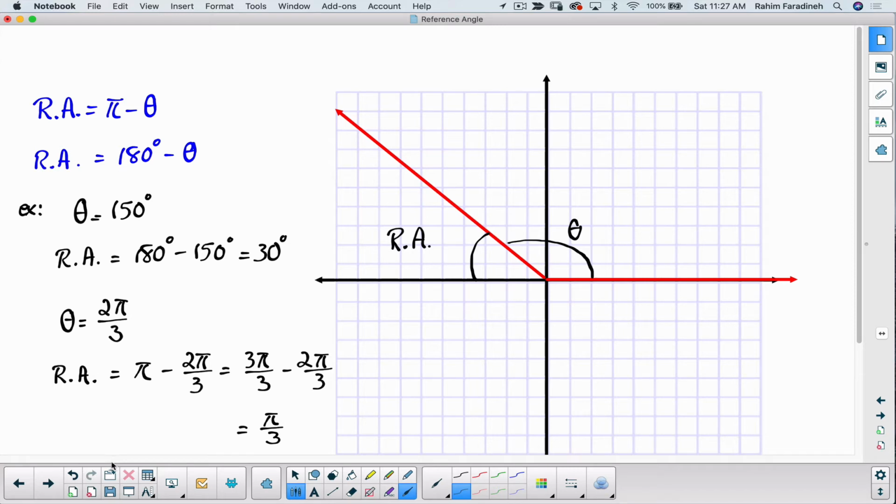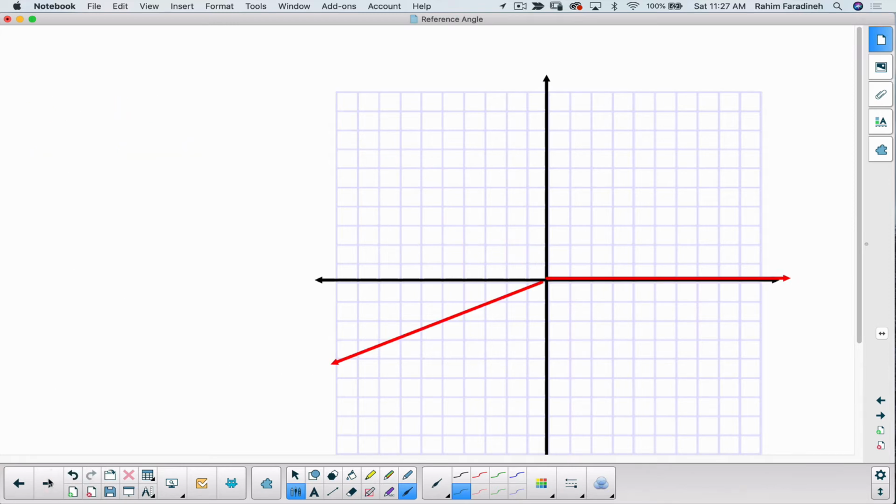Now let's take a look at the reference angle for angle theta when we end up in the third quadrant. This right here is our angle theta, but the angle that the terminal side makes with the x-axis will be the reference angle.